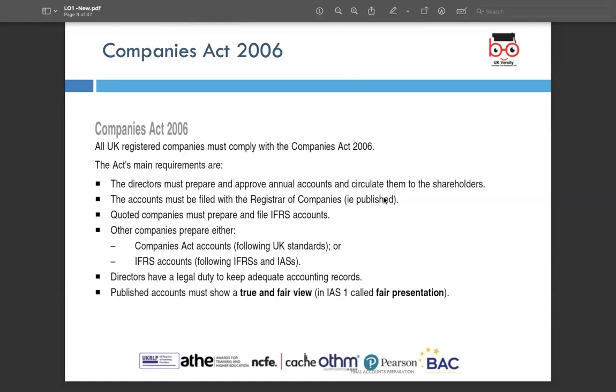Accounts must be filed with the register of companies. Quoted companies must prepare and file international financial reporting standards accounts. Other companies prepare either Companies Act accounts following UK standards or IFRS accounts. Directors have a legal duty to keep adequate accounting records. Published accounts must show a true and fair view.